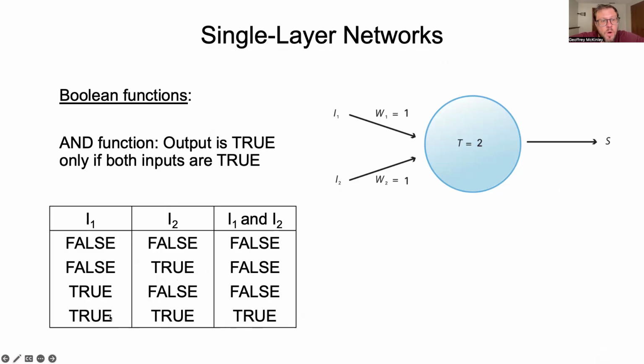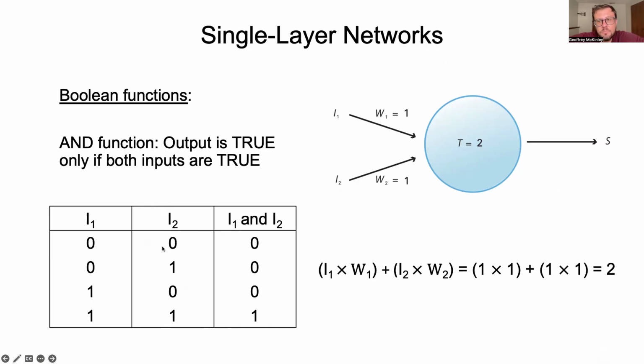And only when both input 1 and input 2 are true is the output true. So how do we do this? Well, we convert the trues and the falses to zeros and ones. That makes it mathematically tractable.